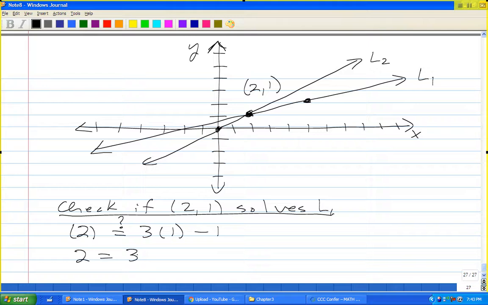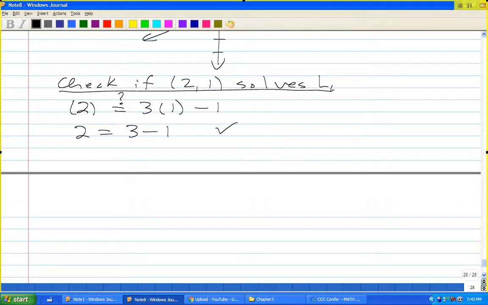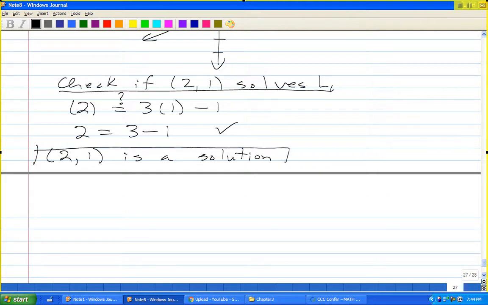Is 2 equal to 3 minus 1? Yes. And so, yes, (2, 1) is a solution. So my solution is the point (2, 1).